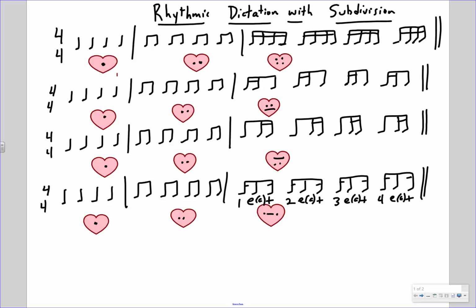Okay, the hard part's going to be when we combine all these rhythms, and have quarter notes and eighth notes and a subdivision all on different beats in each measure. So that's what we're about to do on the next page.